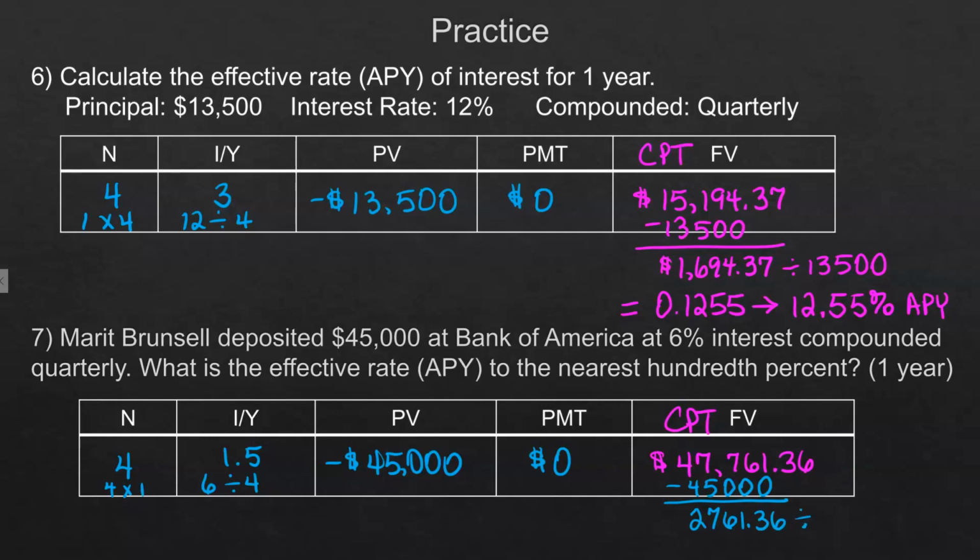We would divide that by our original principal amount, and you would see that that is 6.14%. So that's, well, I'll just label that. That's our APY right there.